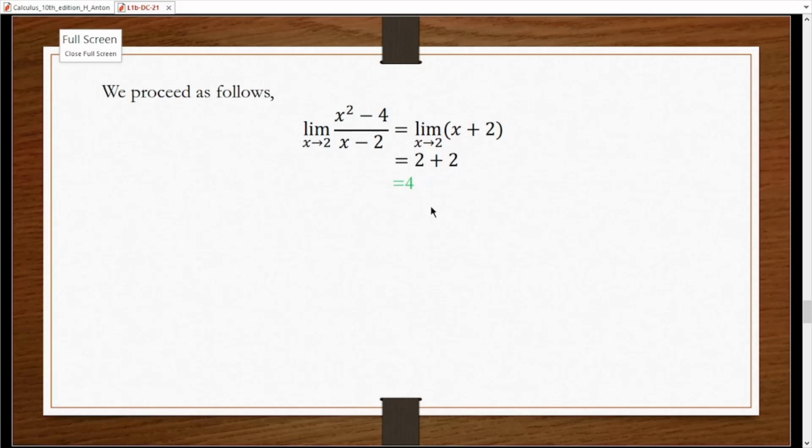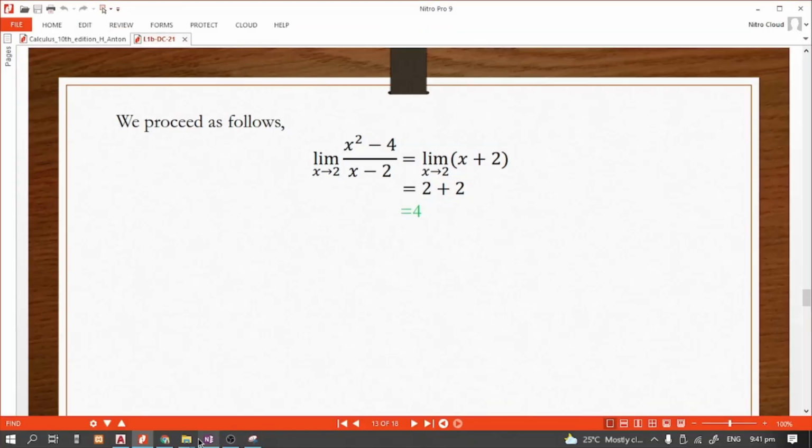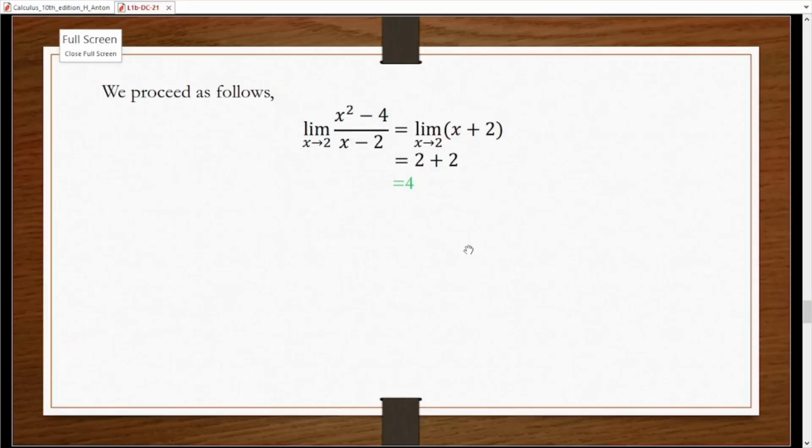Although sa una, medyo mahirap siyang makita agad na pwede pala siyang i-simplify. So, practice lang kayong mag-factor out ng equations and then try to simplify as much as possible.